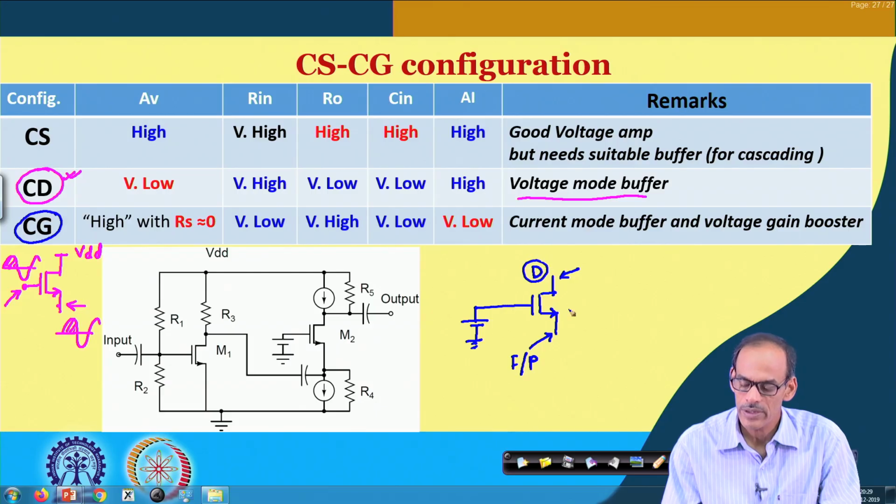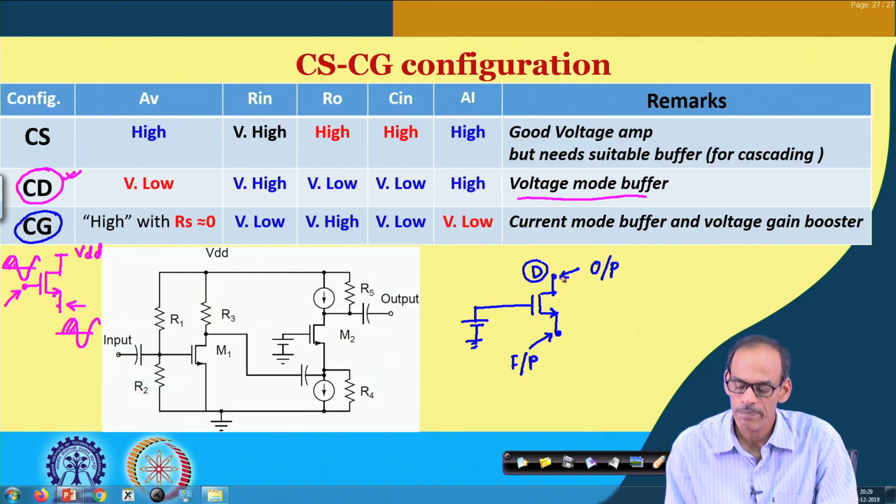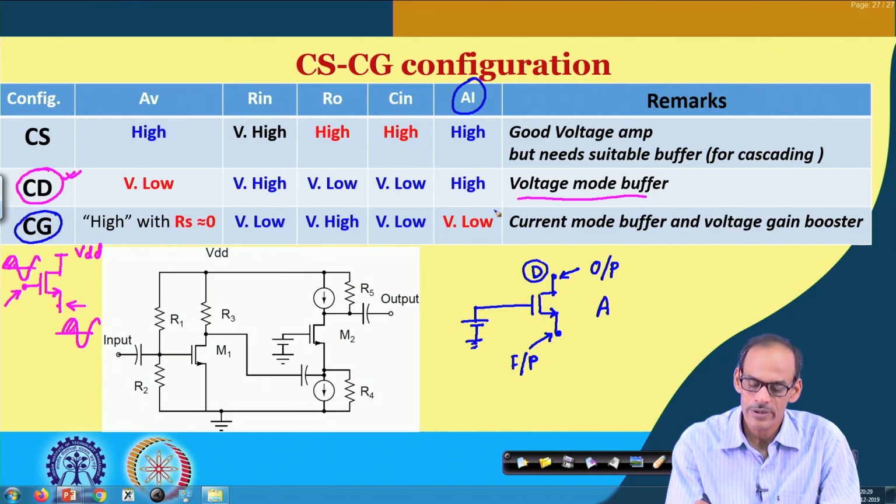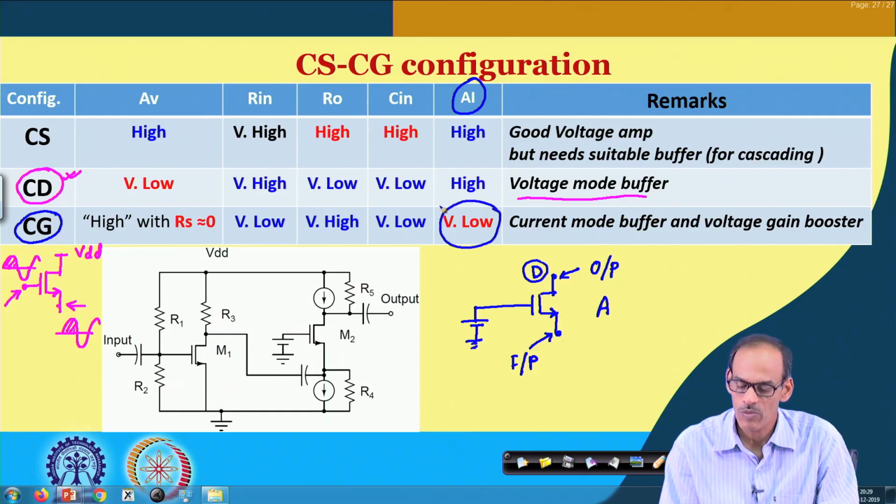Typically, instead of treating the signal as voltage, here we prefer to treat it as current, both at the input port and the output port, and its current gain is approximately equal to 1. In fact, I should say it is 1.